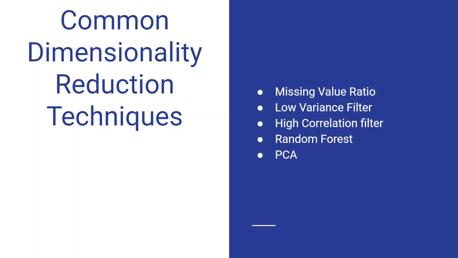Principal components are extracted in such a way that the first principal component explains the maximum variance in the dataset. Secondly, the second principal component tries to explain the remaining variance in the dataset and is uncorrelated to the first principal component. And third, the third principal component tries to explain the variance which is not explained by the first two principal components, and this goes on.